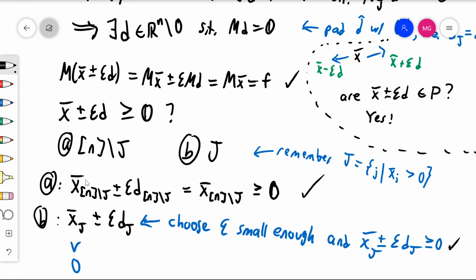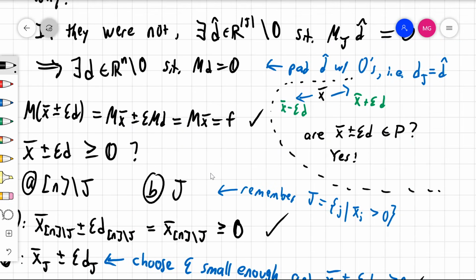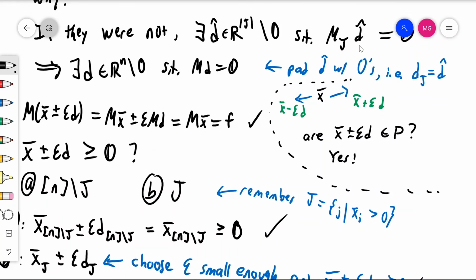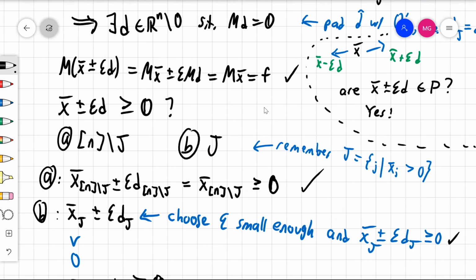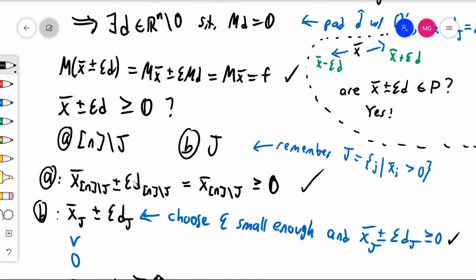For the not j components, they're non-negative because x bar for those components plus or minus epsilon d for those components, well, d for the not j components are all zeros, because we started with the d hat vector, whose indices were the j indices, and then padded with zeros everywhere else. So epsilon times the 0 vector is also 0.